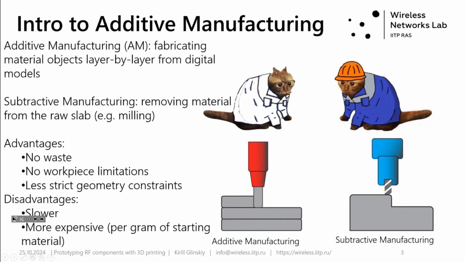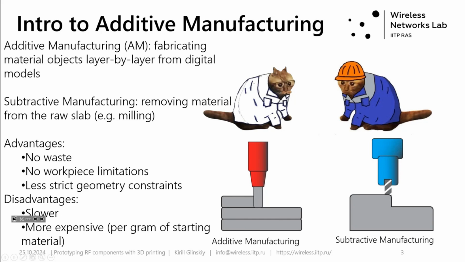And generally speaking, if you're speaking about the weight of the finished detail, this technology will be more expensive than mass-produced technology like molding or machining. However, for prototyping, those disadvantages are not so pronounced, as we do not need large amounts of details at this stage.